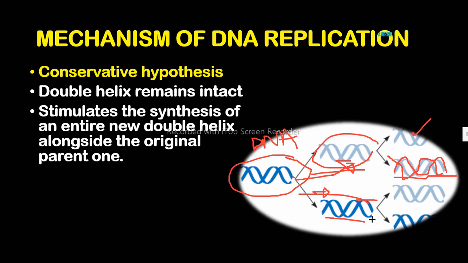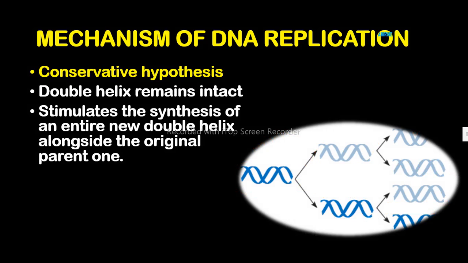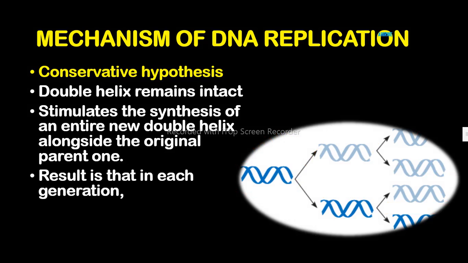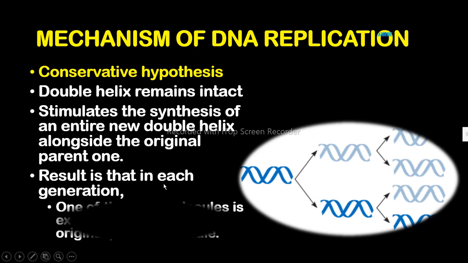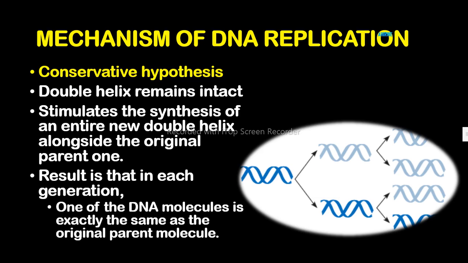You form the parent strand of DNA that is intact and a new strand of DNA. So that is the conservative hypothesis. It conserves. So the result is that in each generation, one of the DNA molecules is exactly the same as the original molecule.